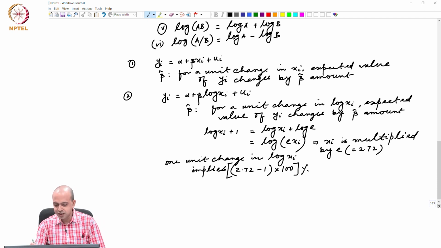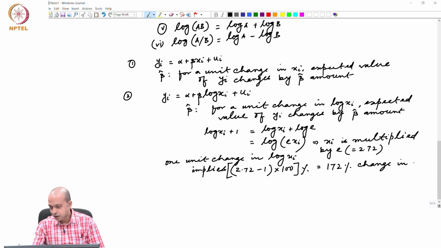So that means we can say a 172 percentage change in xi.